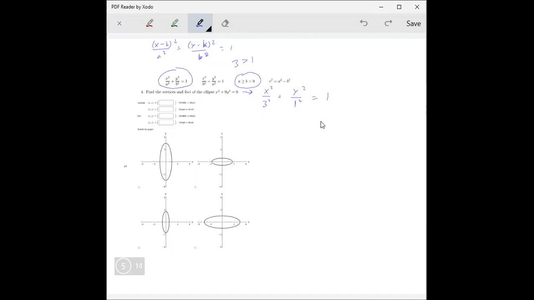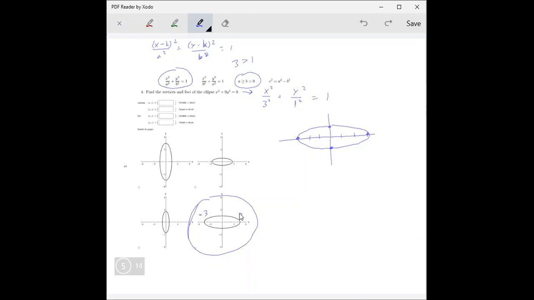Okay, so for the vertices, to graph the ellipse, this is 3 plus or minus 3 in the x direction, and plus or minus 1 in the y direction. So you might have seen it like this, and this is roughly how the ellipse is going to look, although I did distort that a bit. It's going to be this one here, because this is 3 and negative 3.